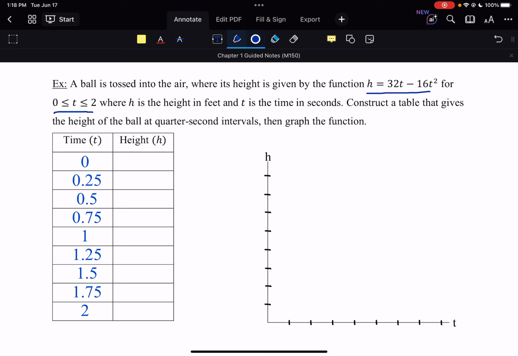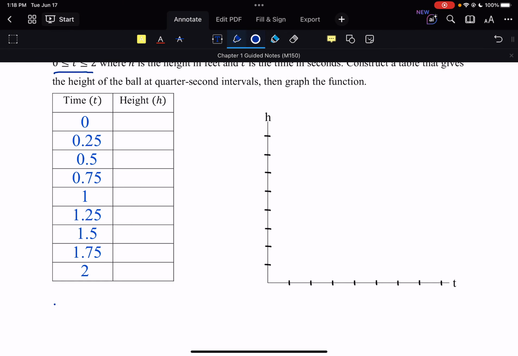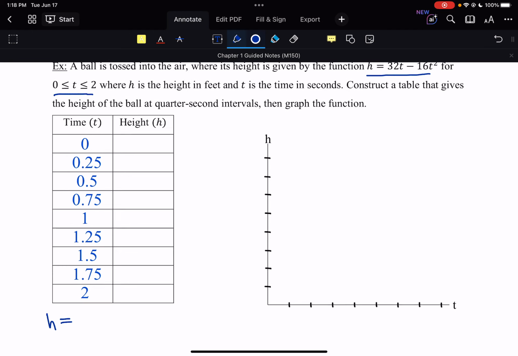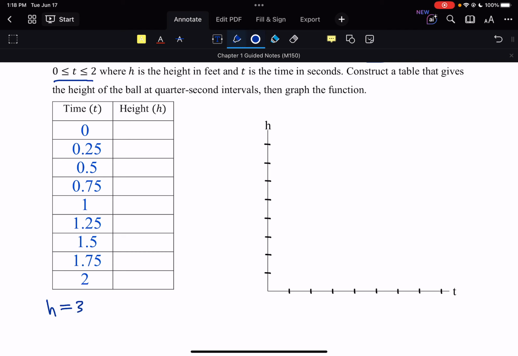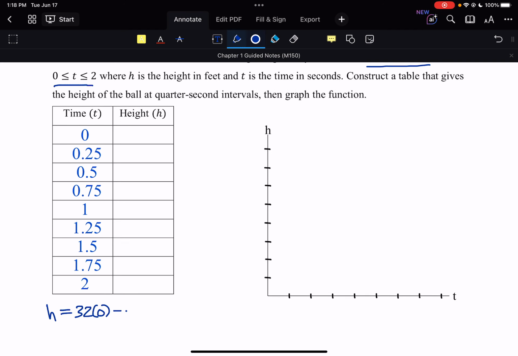So for example, for 0, when t is 0, h is going to be 32 times 0 minus 16 times 0 squared, which is also just 0.